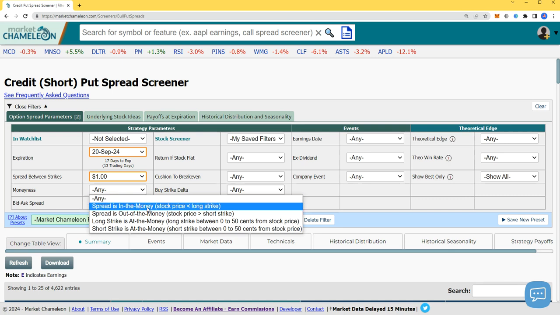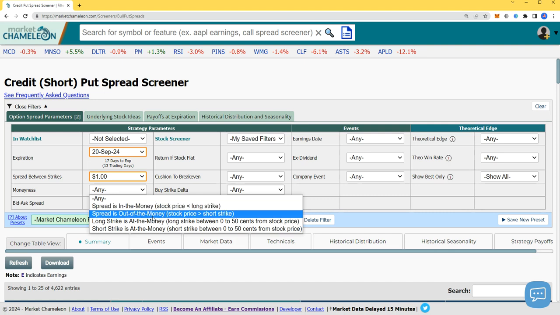So you see here the option spread is in the money, meaning let's say the stock is 100 and the put credit spread is 101, 99, something like that.